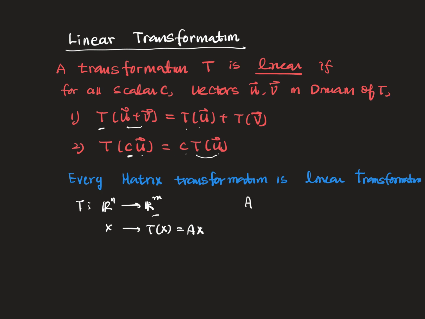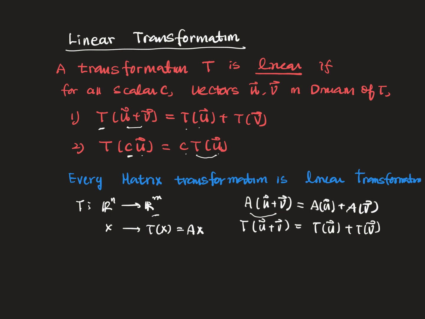We talked about u vector plus v vector. That's the matrix and vector product, and it is going to be exactly this form, which means the transformation of u plus v is exactly Tu plus Tv.